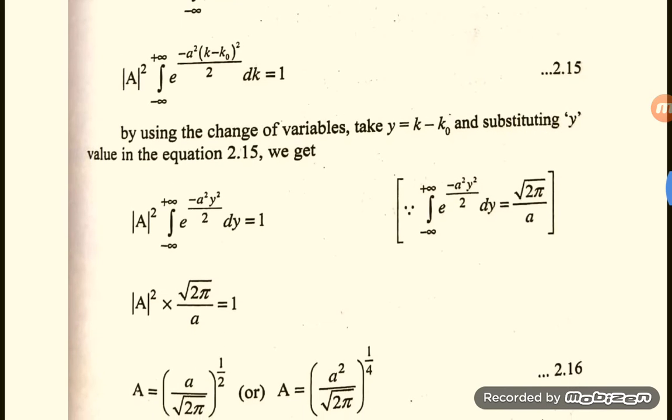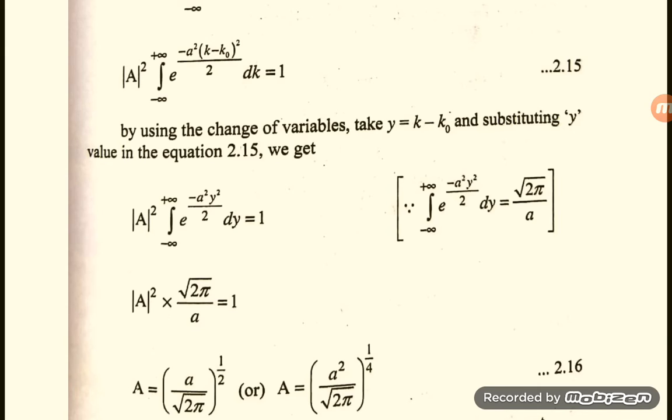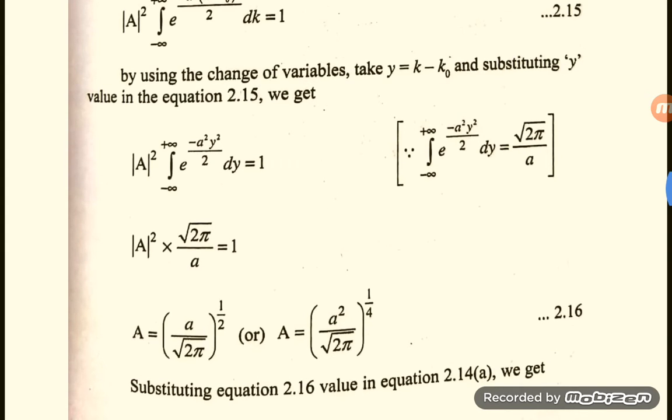The integral from minus infinity to plus infinity of e power minus a square y square by 2 dy equals root 2 pi by a. So we get the final equation, A square multiplied by root 2 pi by a equals 1. So A square equals a by root 2 pi, or A equals a square by root 2 pi whole power of 1 by 4.